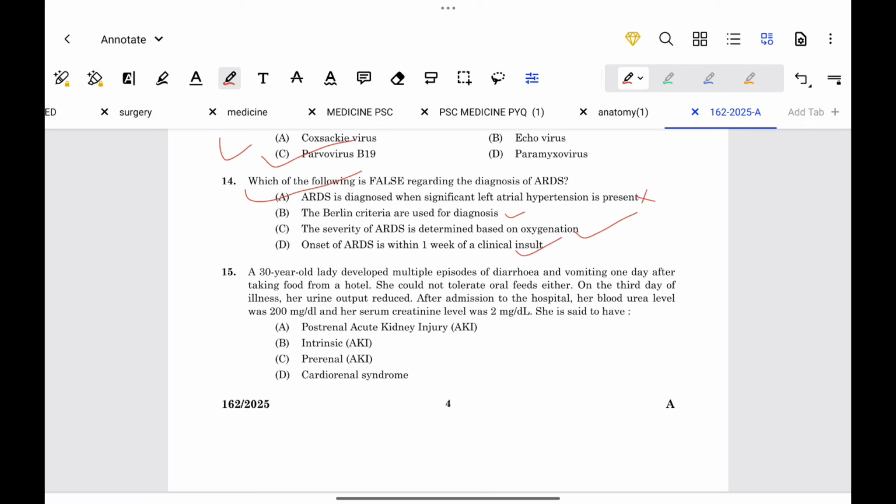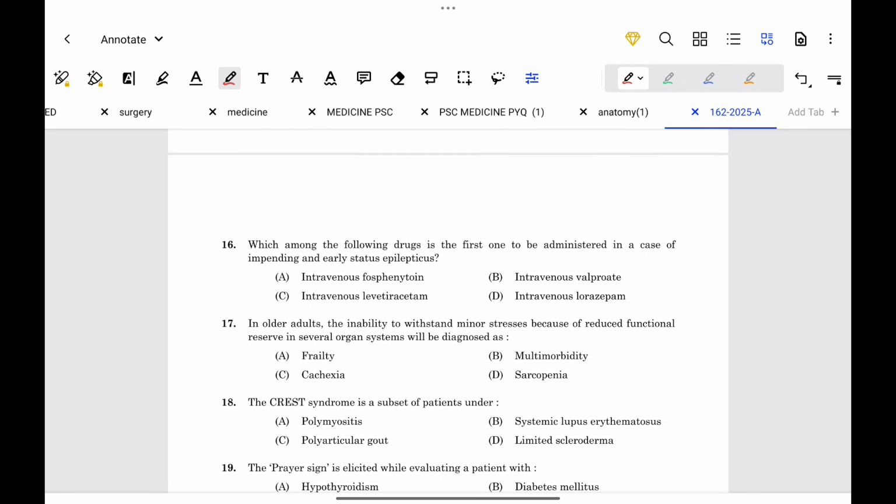After admission to the hospital, her blood urea level was 200 mg per dl and her serum creatinine level was 2 mg per dl. She is said to have... so here there is fluid loss. In this case it is pre-renal AKI. Okay, so option C is the correct one.